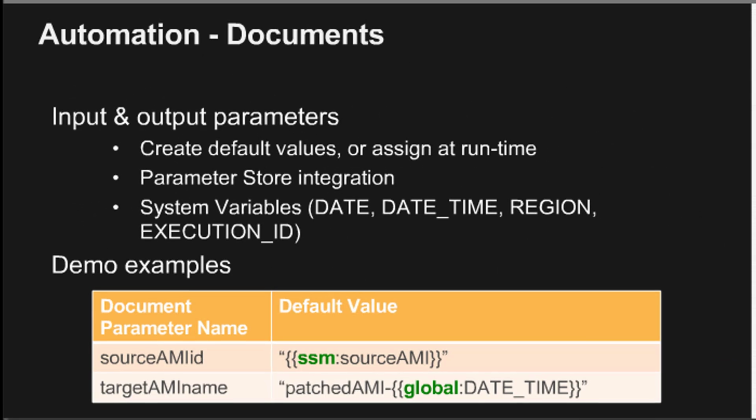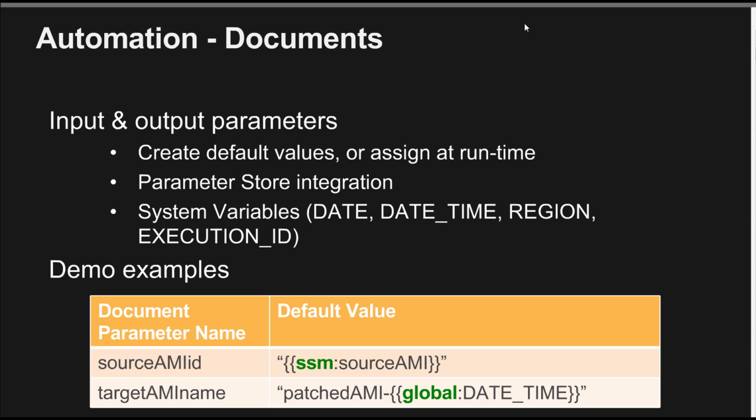So if there's parameters that we want that allow us to avoid, for example, hard coding values into our automation workflow, or allow us to declare defaults so we don't have to enter parameters manually, parameter store makes a great integration. By the way, parameter store also integrates with State Manager as well as run command, and also can be referenced as well in Lambda functions.